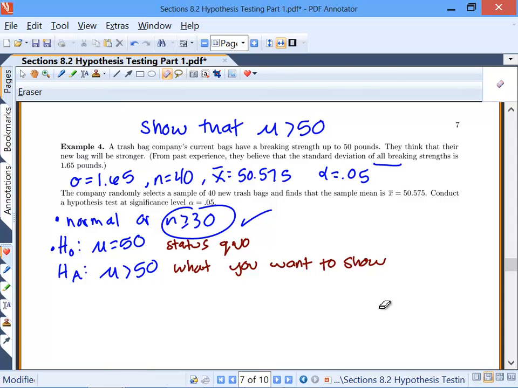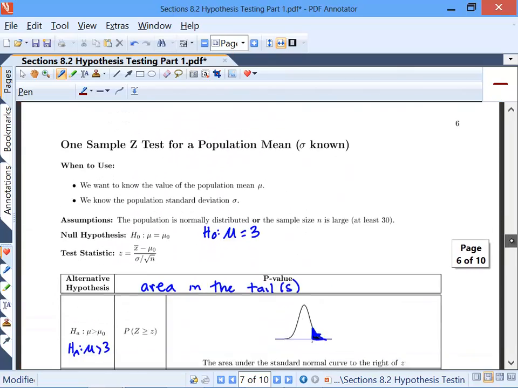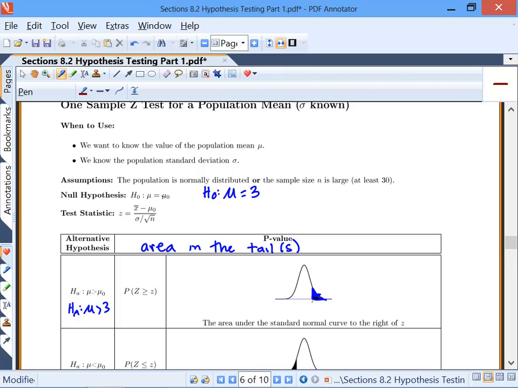Also, until I tell you otherwise, all of your null hypotheses for this class are always going to be in equals. Okay, so like when you looked at this test, the null hypothesis was in equals. I didn't give you any other options.